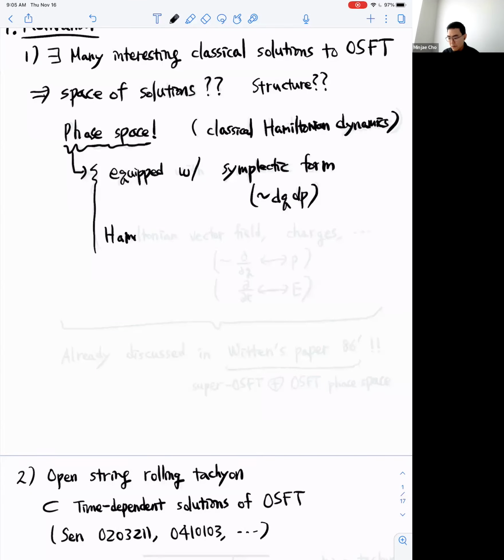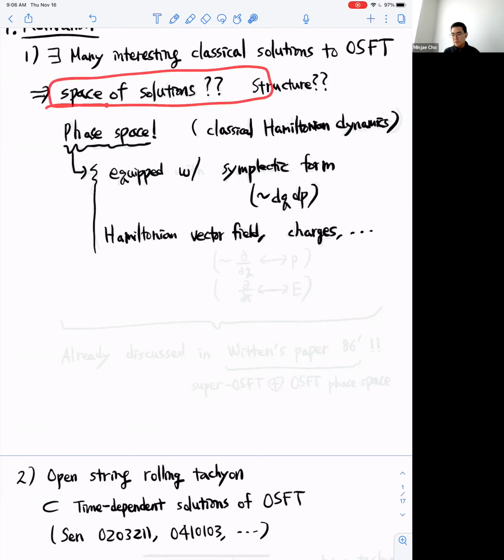We can also talk about things like Hamiltonian vector fields, and about the charges which generate such flows, and so on. So this is a very familiar notion in classical mechanics. And the question is whether the space of solutions of the open string field theory, at least the classical one, is something like this. We are actually going to see that it's exactly like this.